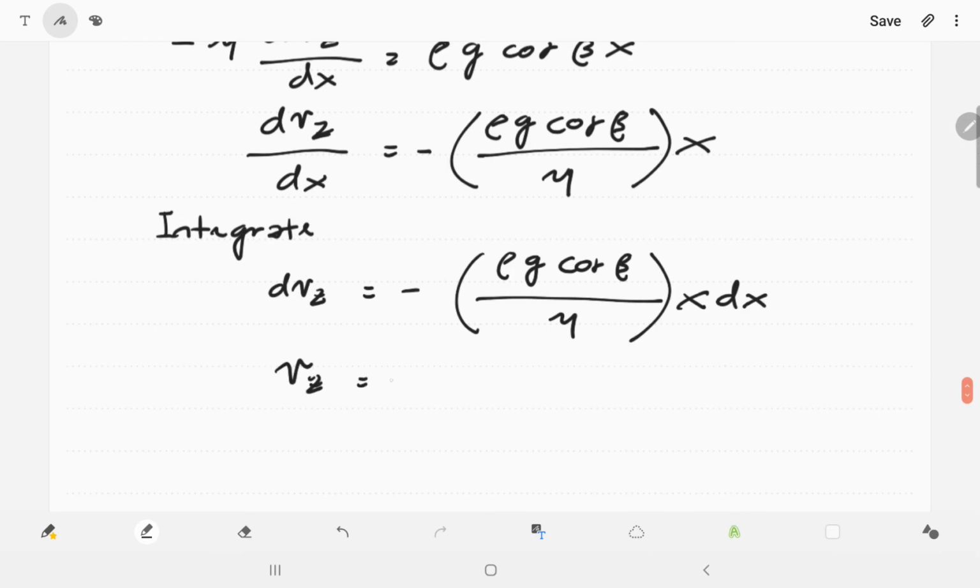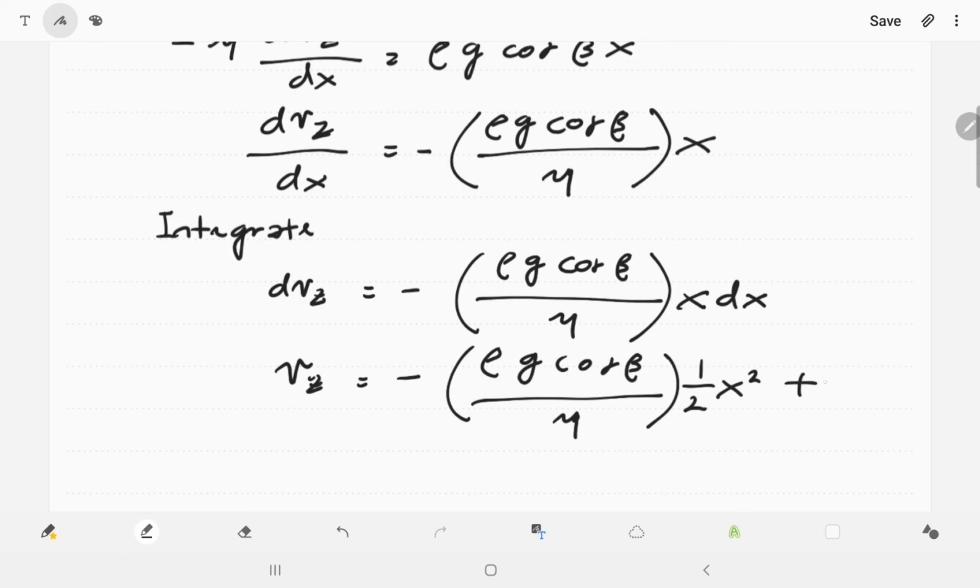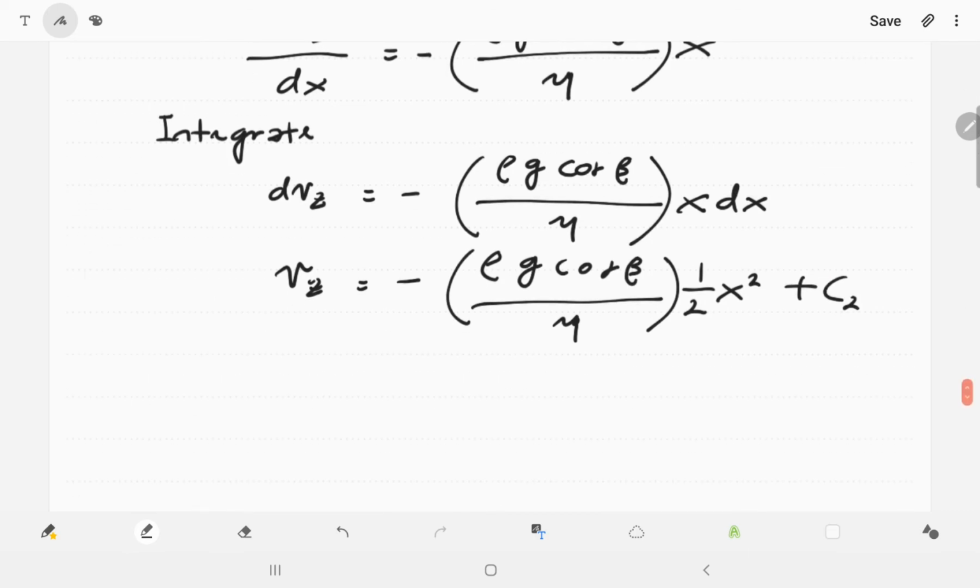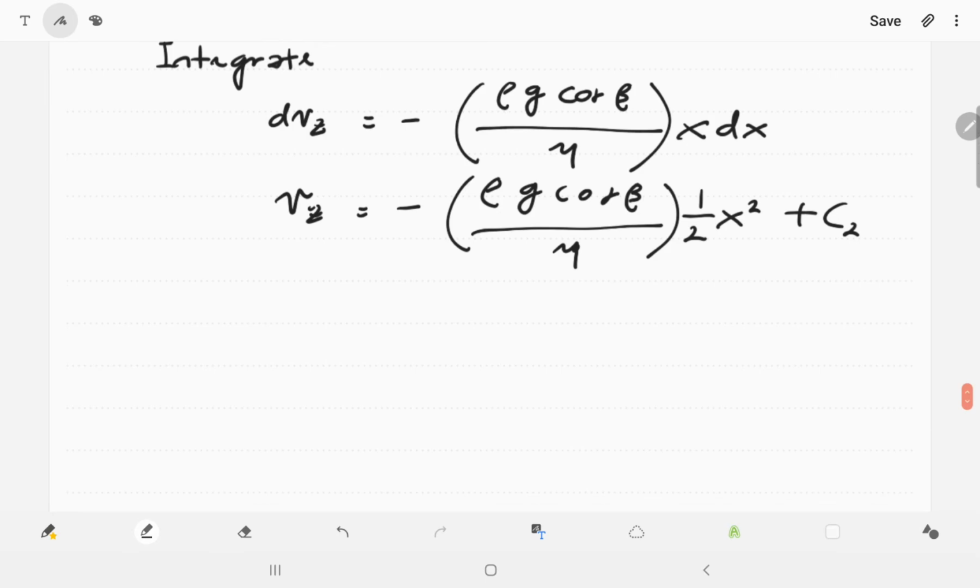So your Vz will be equal to minus rho g cos beta divided by mu, and the integration of x will be one half x squared, and then we have a constant that we need to find. So we have this boundary condition.